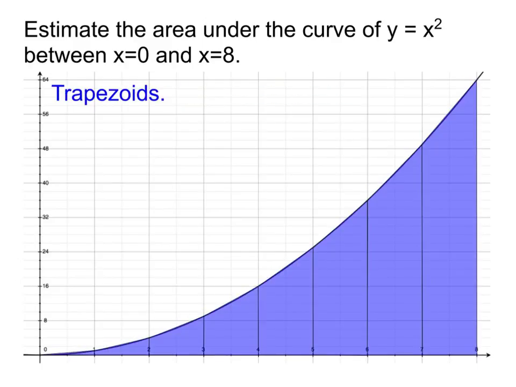What if you did the trapezoids though? Because if we did the trapezoids, it looks like this is pretty darn close right along that section. But would we expect our trapezoid estimate in this particular case at least to be too high or too low? Well, if you can't quite tell, let me back things out a little bit.